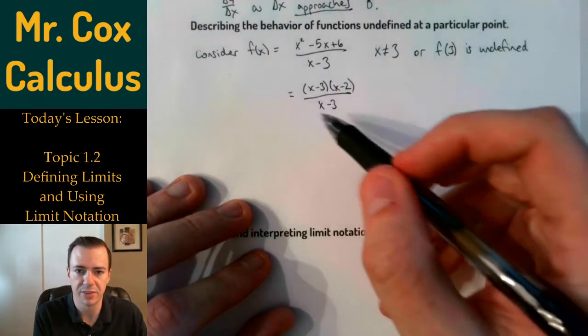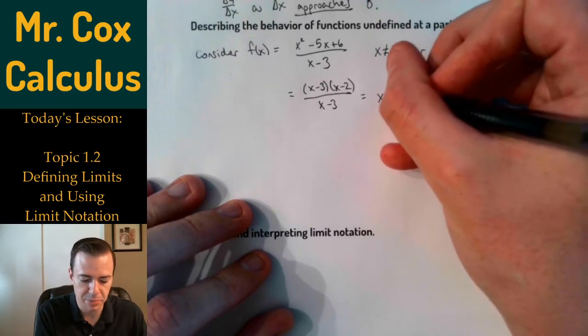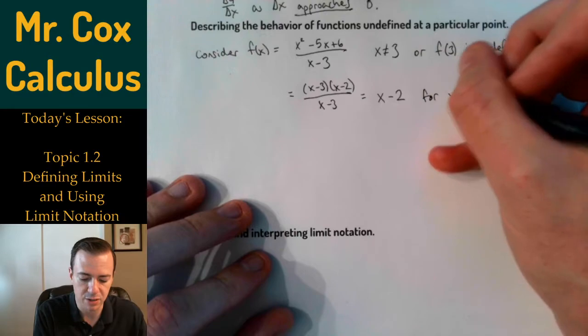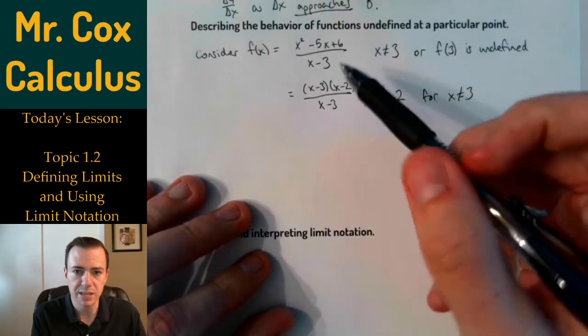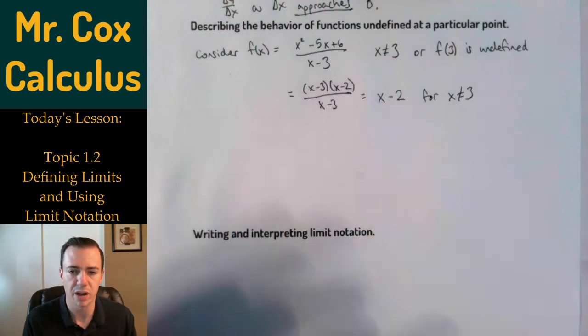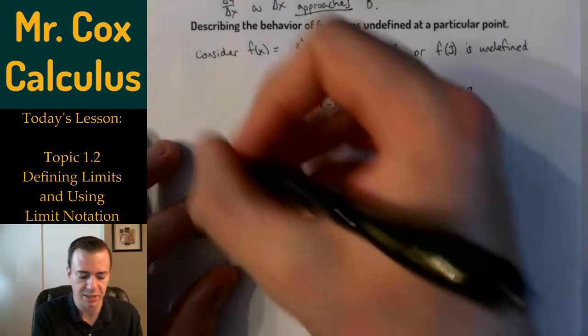If I divide out the common factors, f of x is behaving like the function x minus 2 for x not equal to 3. 3 is still excluded from my domain because that's the function that I had up here. However, this function behaves just like the graph of x minus 2, except at x equals 3.